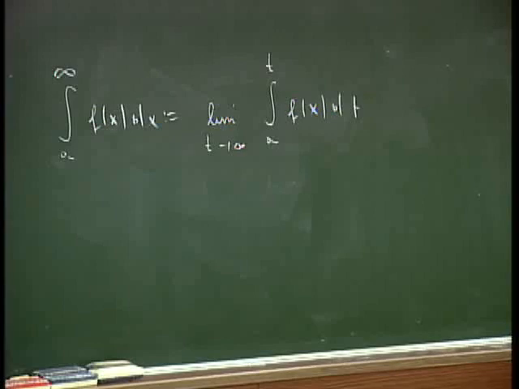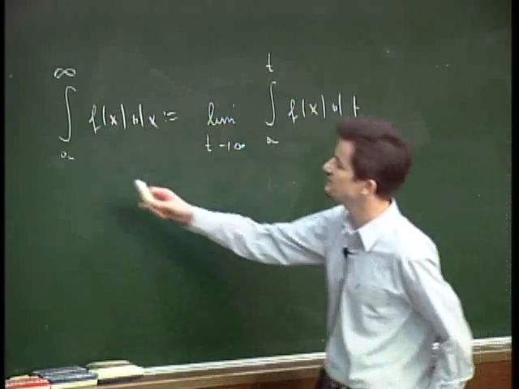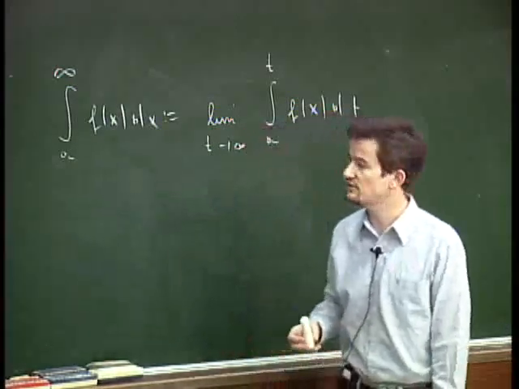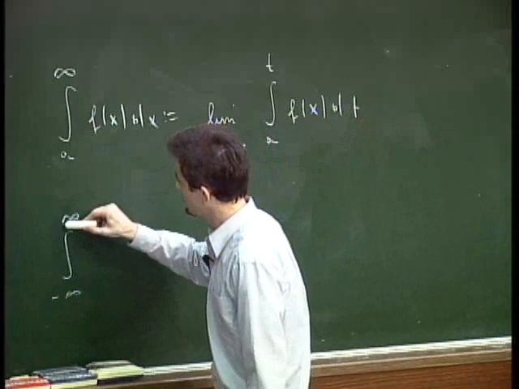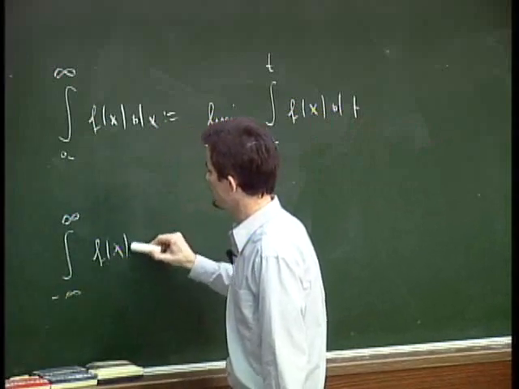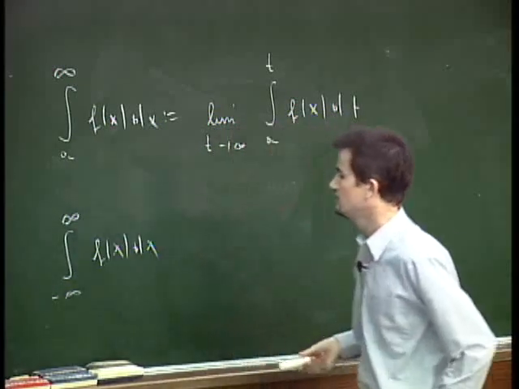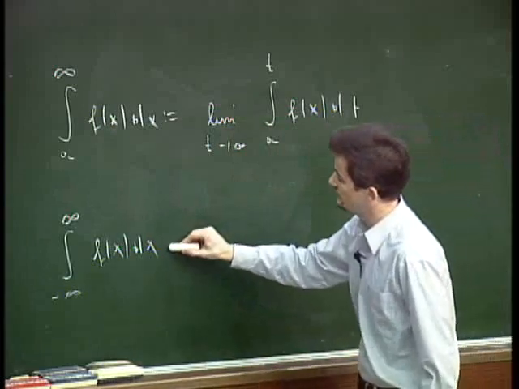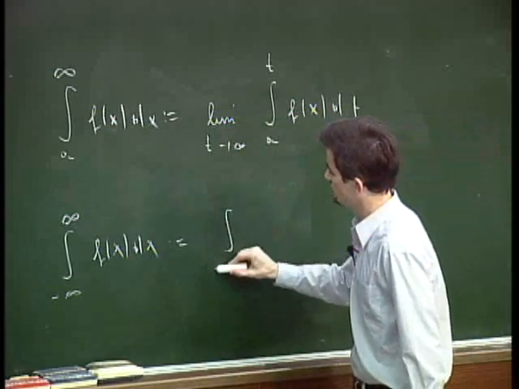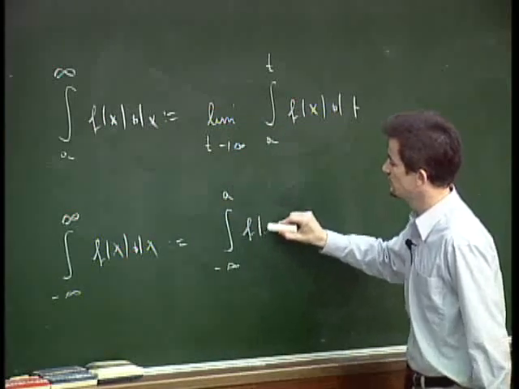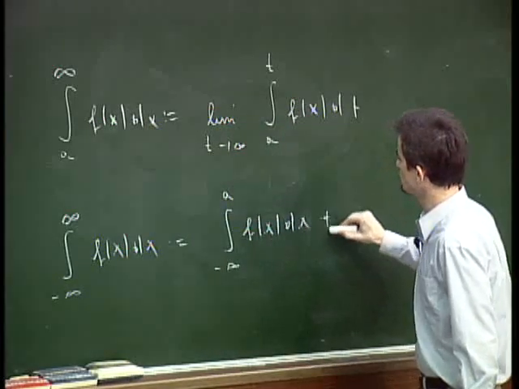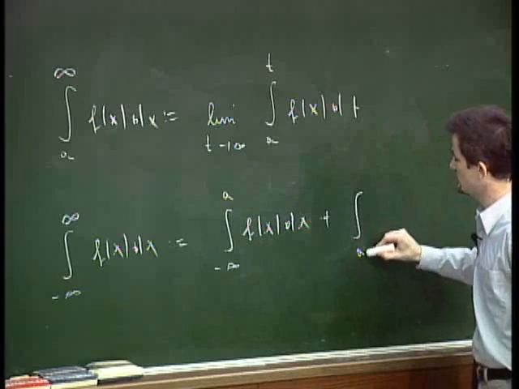We have the same definition if we integrate from minus infinity to a, and we have a similar definition if we look at this integral. So if we have a function f of x continuous everywhere, and we look at this integral, then we choose any point a, you can freely choose it, and we look at those two infinite integrals.